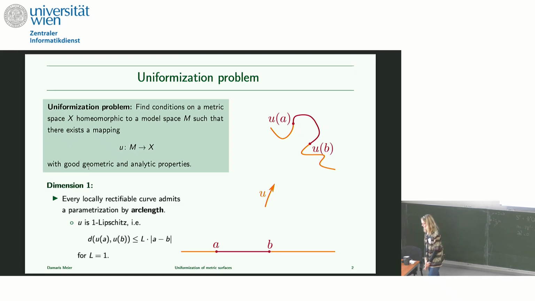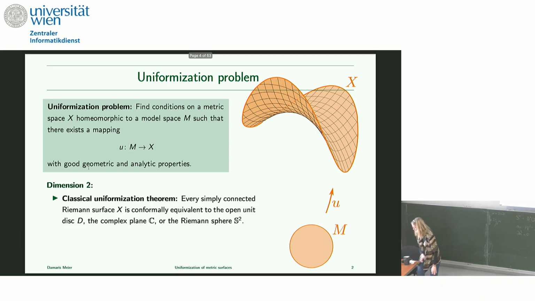So we can, of course, ask ourselves this question, what happens if we go to dimension 2? And there, some of you might also know the answer, at least in the smooth case.